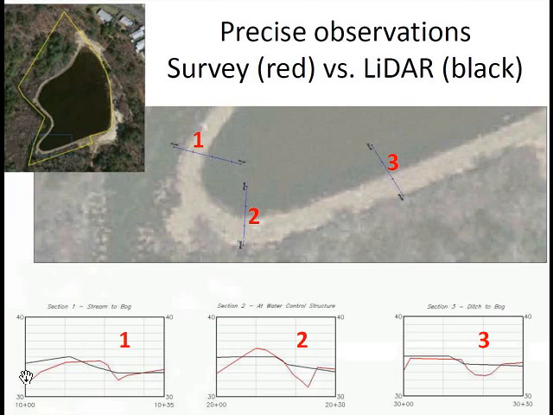Some of the areas here have a pretty large gap between the red being the survey data and the black being the actual LiDAR data from the elevations. So that shows us that sometimes we get some different results, and that can be a problem.